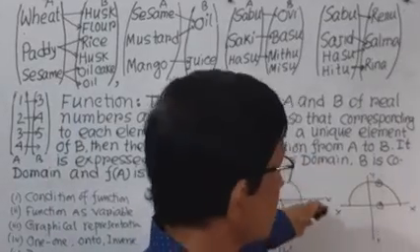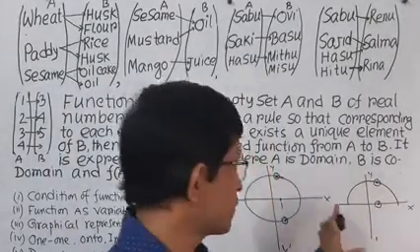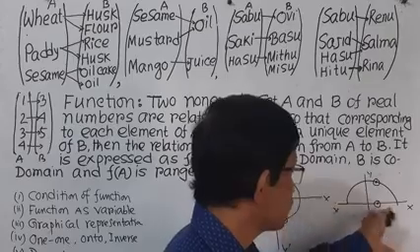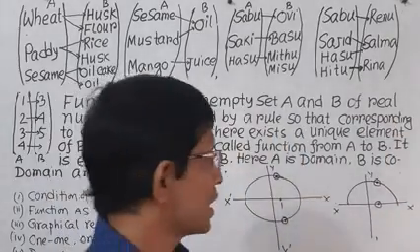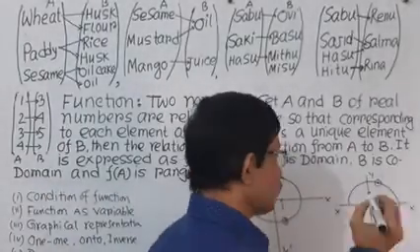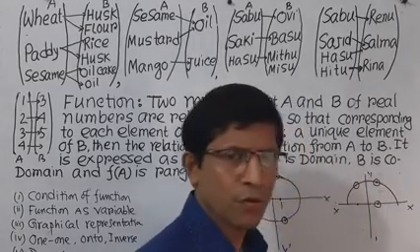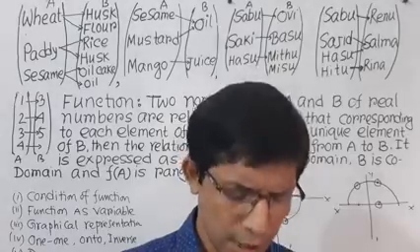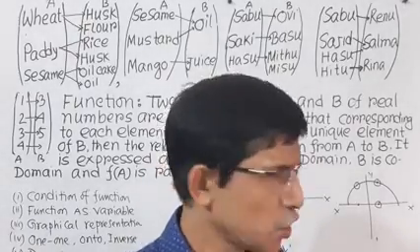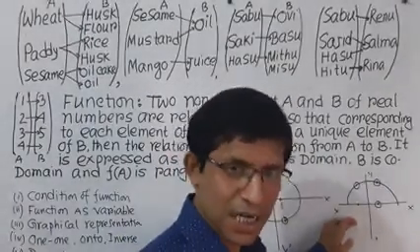That means for each value of x, if you take any value along the x-axis, in every case you will get only one, unique value of y. So this is a function.